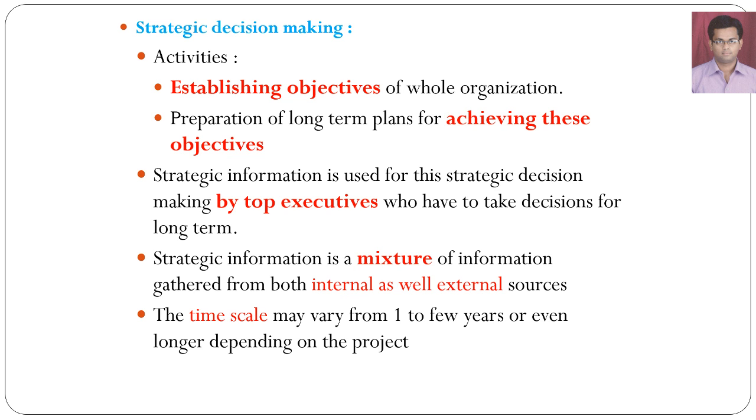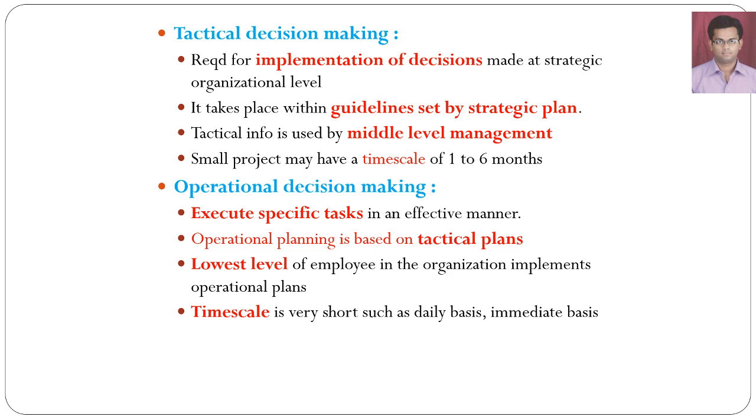Strategic information is used for this strategic decision making by the top executives who have to take the decisions for the long-term benefits of the organization. Strategic information is a mixture of information gathered from both internal as well as external sources. The time scale may vary from 1 to a few years or even longer depending on the project.